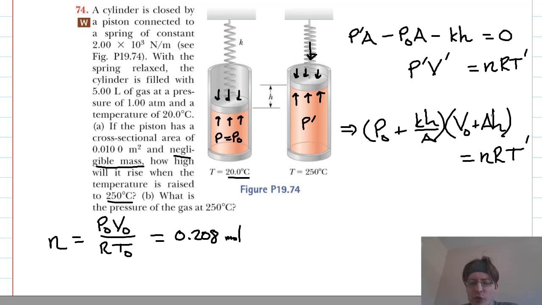This is an equation to solve for H. It'll have a positive solution for H when you plug in the new higher temperature, 250 Celsius. Of course, you got to convert to Kelvin, but plug in that new temperature and solve for H. There are two ways to do it. You do it analytically using the quadratic equation. That's one way to go. If you have the time, that's how you might want to do it. However, if it's an exam situation, then you need to know how to use your graphing calculator and solve for the value of H. I mean, it'll give a numerical number.